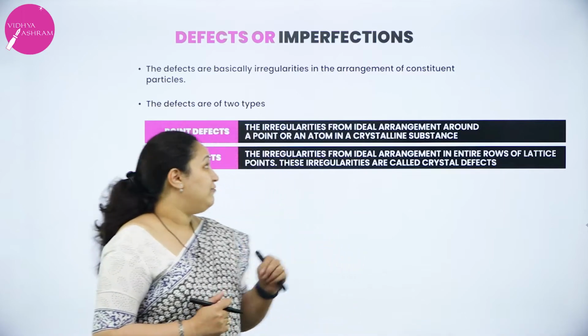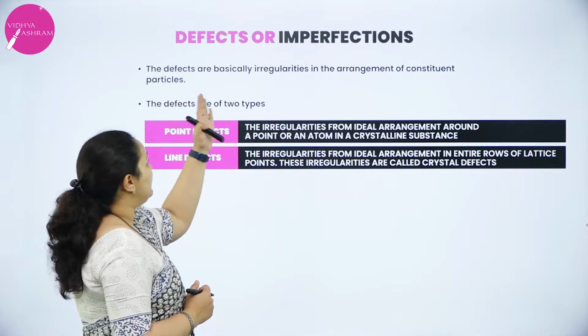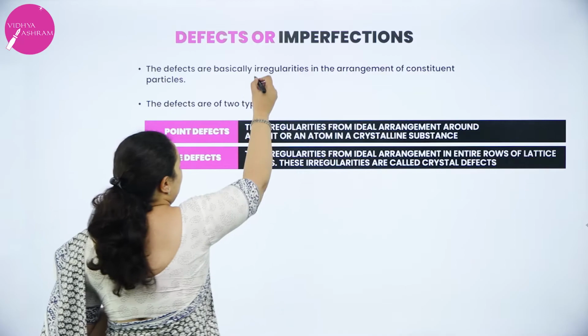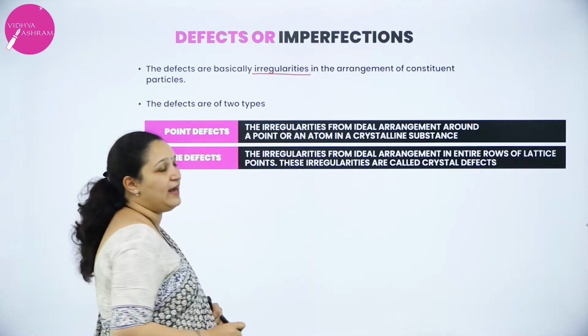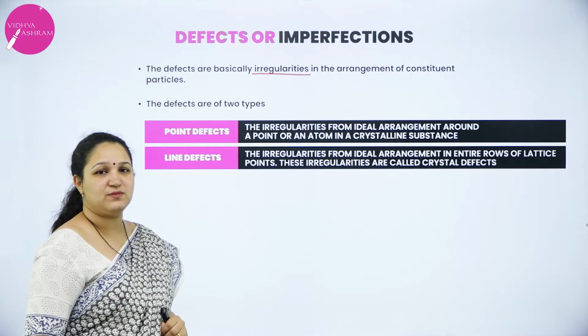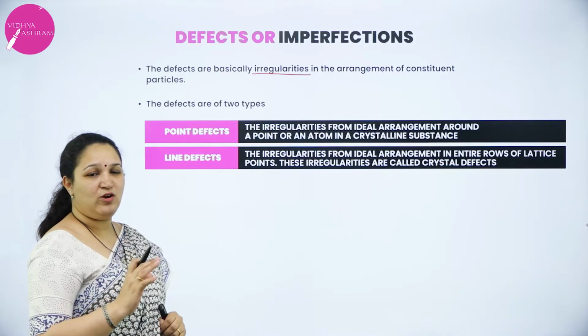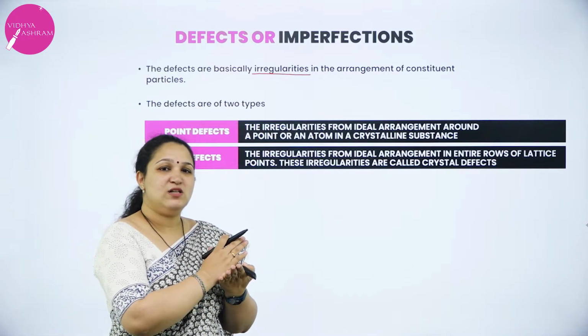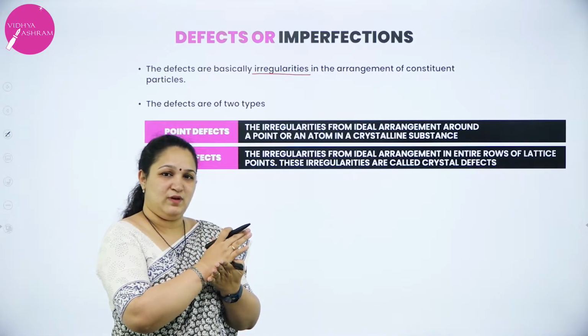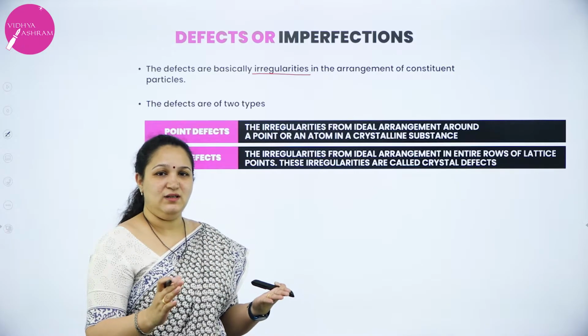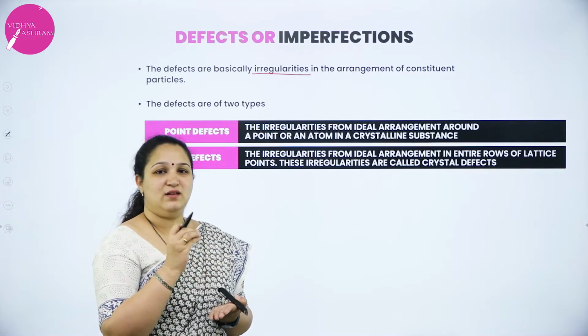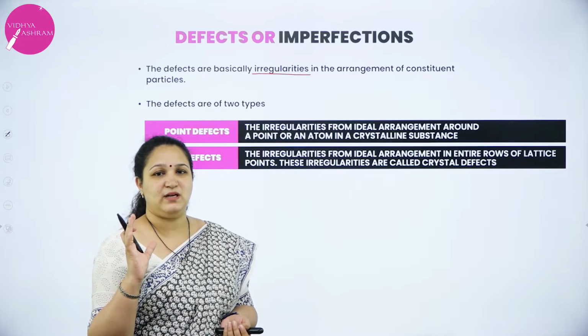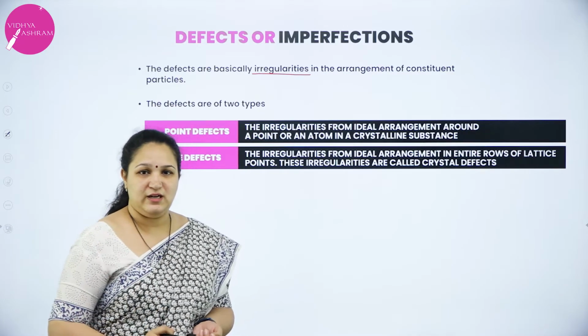So the definition is, defects are basically irregularities in the arrangement of constituent particles. Simple. There should have been a regular orderly pattern. If there is some irregularity in the arrangement of the constituent particles, then we call them defects.